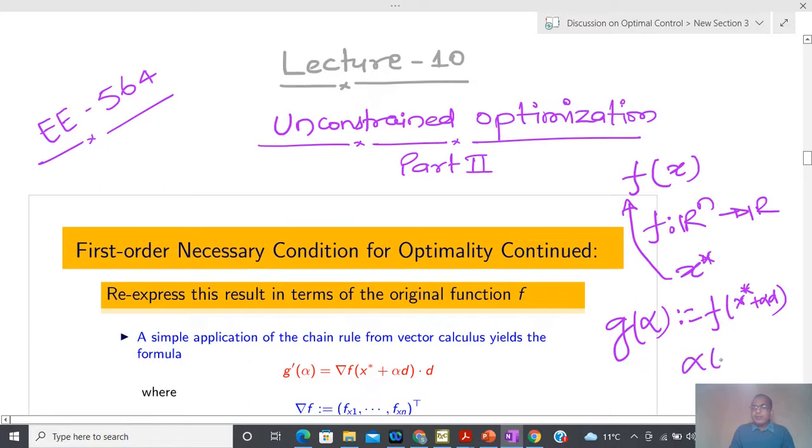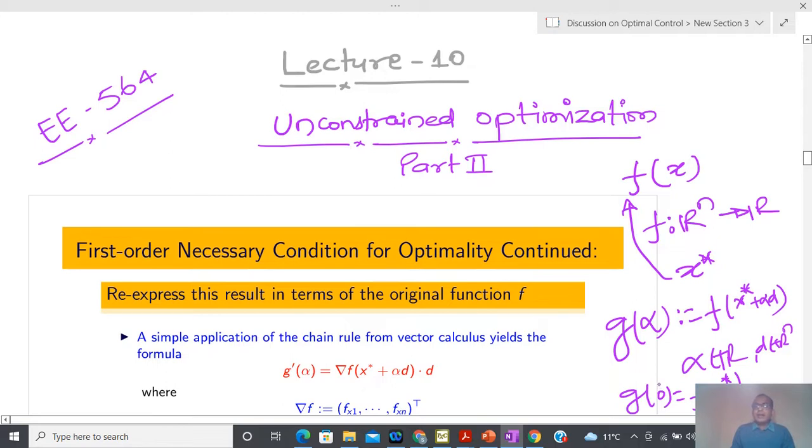I am assuming that alpha belongs to the real numbers and d obviously belongs to Rn. And what we found is that if I substitute alpha equal to 0, at that time g(0) equals f(x star). It means that g(0) is nothing but the minimum; either you can calculate the minimum f(x star) or g(0), both are exactly the same.